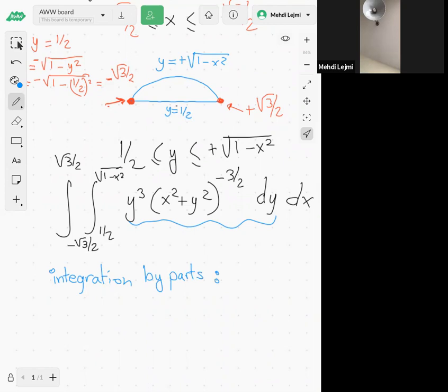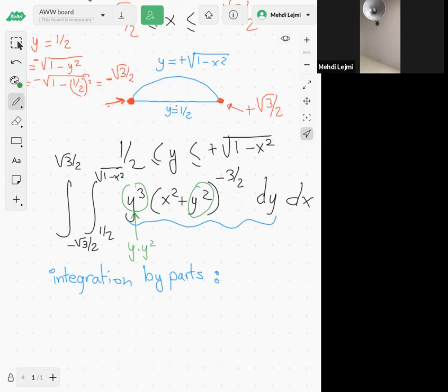Okay, because you have this y squared, outside the y squared you need a y, but here you have y cubed, right? So I'm going to write this y cubed as y times y squared.